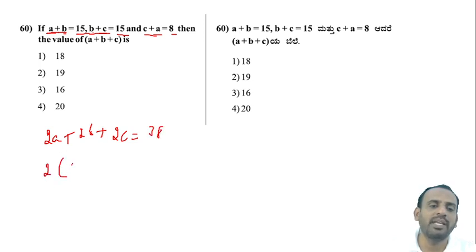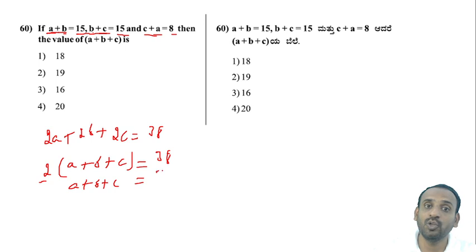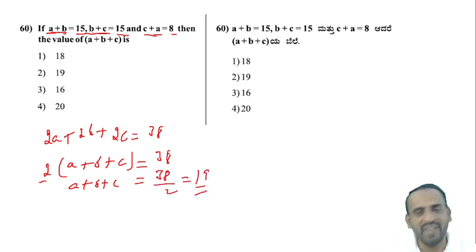So it will be A plus B plus C is equal to 38. This 2 will come here. It will get divided with 38. So A plus B plus C is equal to 38 by 2, which is nothing but 19. So A plus B plus C is 19.